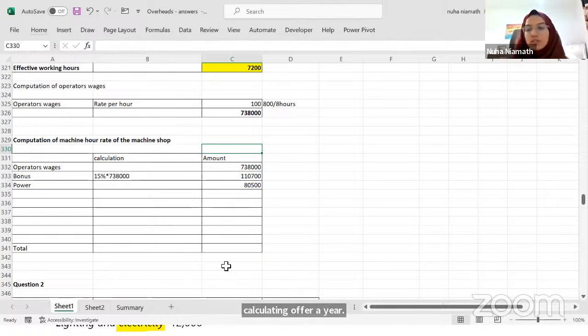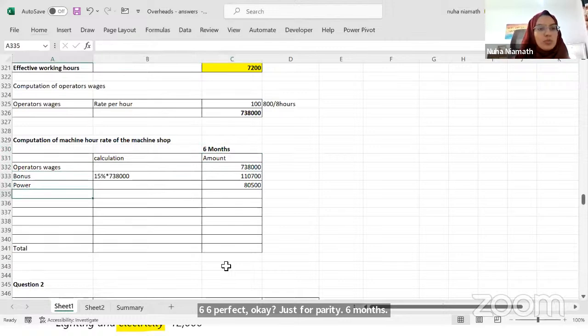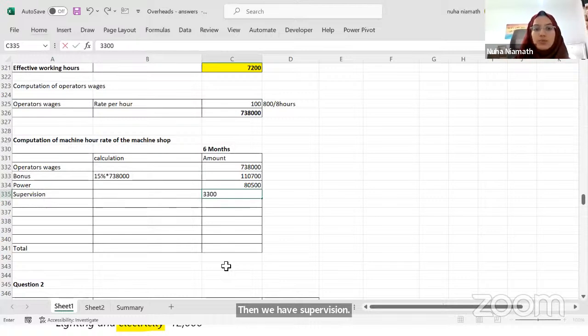Is the total amount for 6 months or for a year? 6, perfect. Okay. Just for clarity, 6 months. All right. Then we have supervision given already at 33,000. Then we have light, which is given at 12,000.